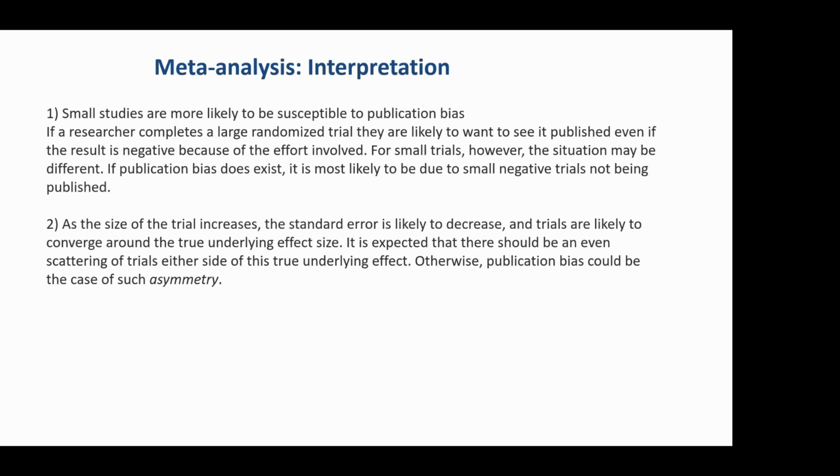But if it's a small study with a negative result, let's say that this person is studying a new drug and they make a small study on 20 people and they see it's not working, then they don't really want to show that their new drug doesn't work. I shouldn't be saying that, but it's a problem because people tend to publish only positive results and not negative.